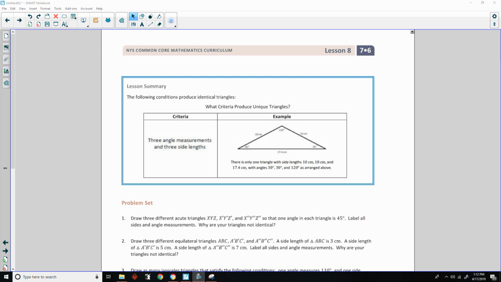So that is an isosceles triangle. There's only one triangle with side lengths 10 centimeters, 10 centimeters, and 17.4 centimeters with angles 30, 30, and 120 as arranged above. So if we have 3 angle measurements and 3 side lengths, you can only have one triangle. And that is the lesson summary.